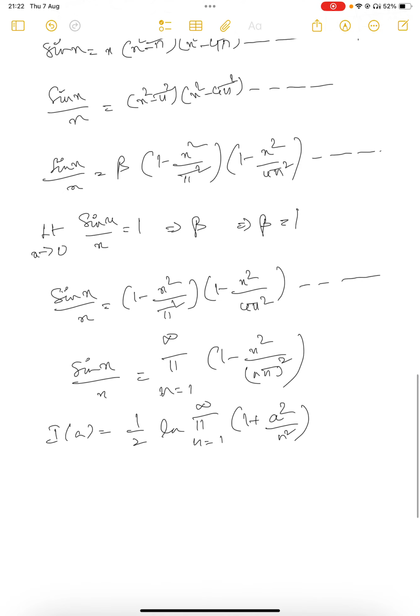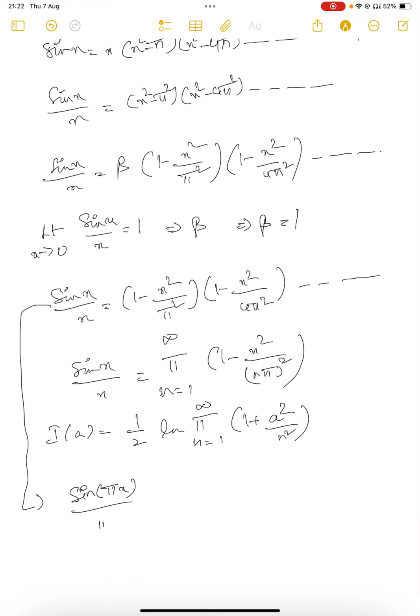So from here, what if x is pi x? Then sine of pi x by pi x is 1 minus pi x whole square by pi square, right? Then it will be x square. This part will be 1 minus x square pi square by 4 pi square, right?